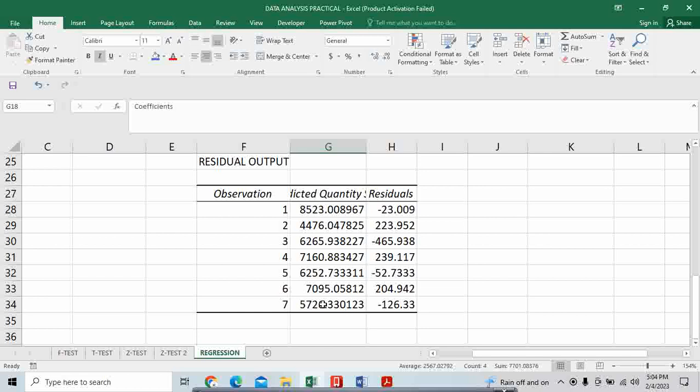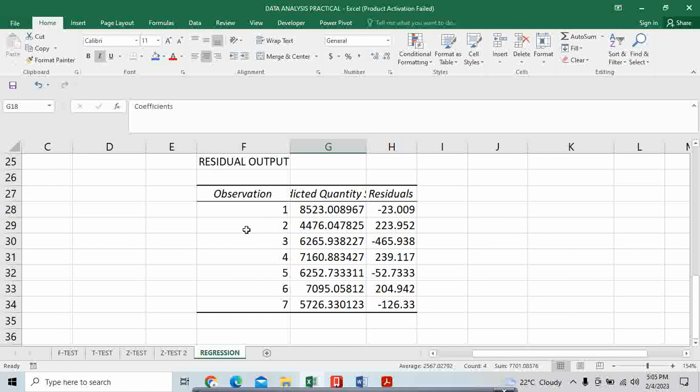Let me now take you to the residuals. What is the meaning of these residuals? The residuals are there to show us how far away the actual data points are from the predicted data points. So using the equation that I gave on top here, where I said that quantity sold equals price plus advertising, the first data point equals 8,500.